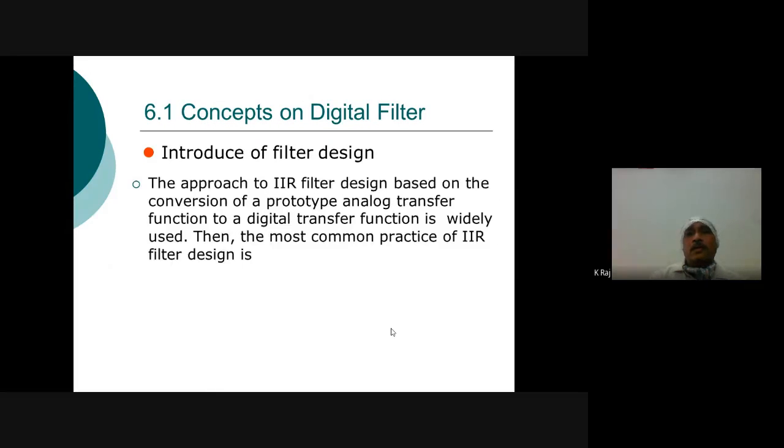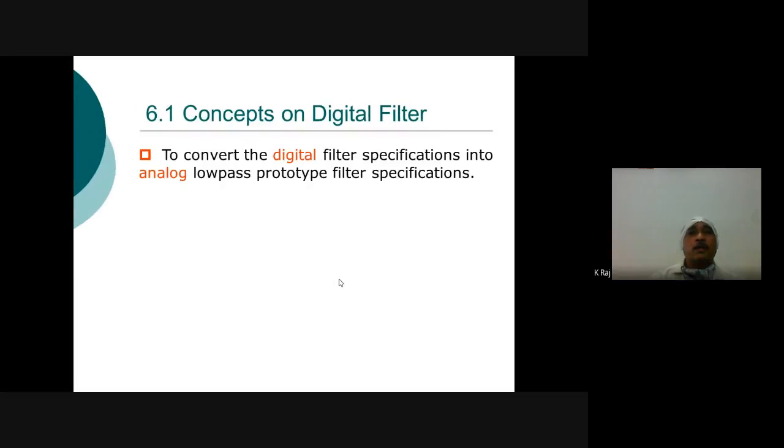Now, the approach to design the IIR filter based on the conversion of a prototype analog transfer function to a digital transfer function is widely used. The most common practice of IIR filter design is to convert the digital filter specification into the analog low pass prototype filter specification. Because if we want to design a digital low pass filter using this approach, the filter will be designed in the analog domain and then transformed into the digital domain.